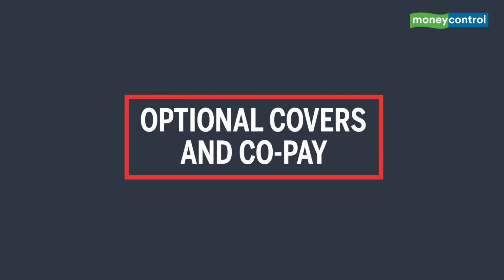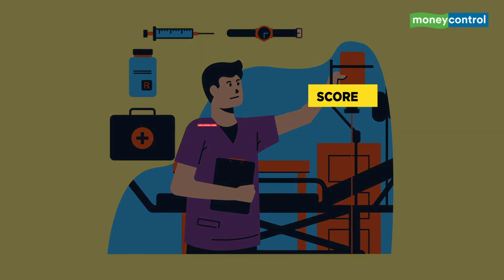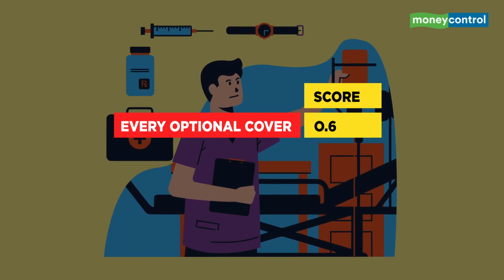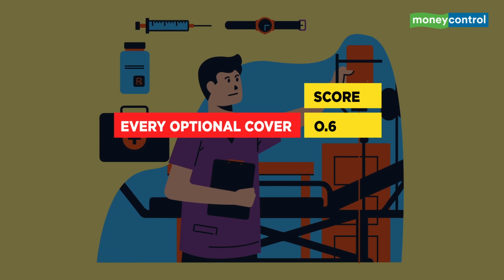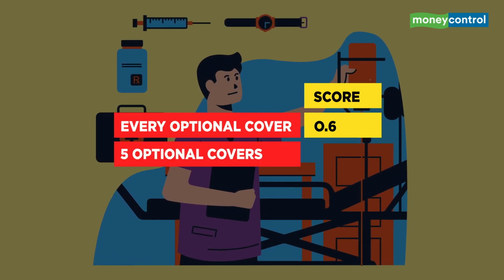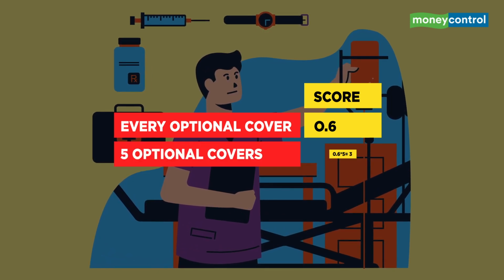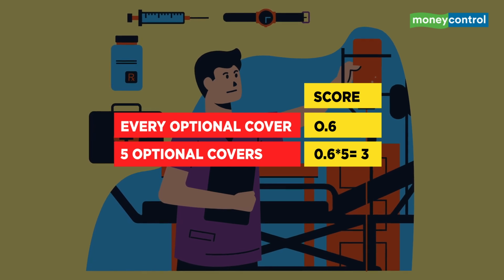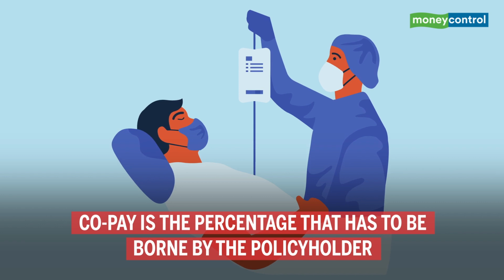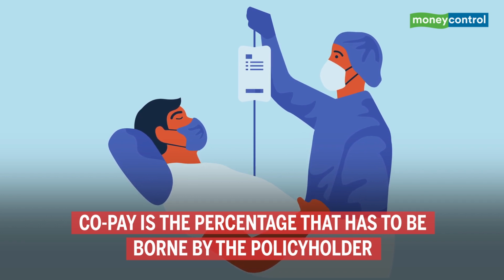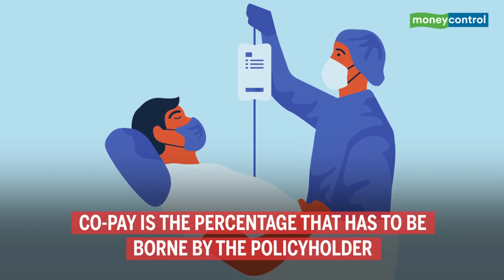Optional covers and copay. A score of 0.6 will be given for every optional cover in the product. If a health insurance product has 5 optional covers, for example, the score of the product on this parameter will be 3. Copay in health insurance is the percentage of the claim amount that has to be borne by the policy holder.